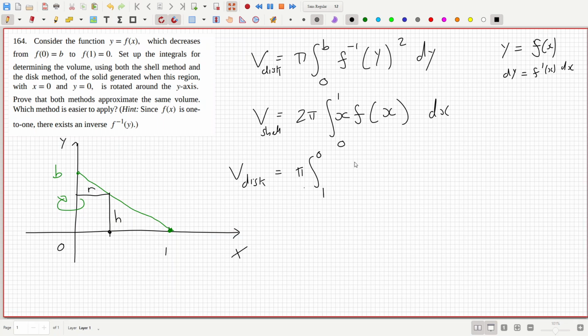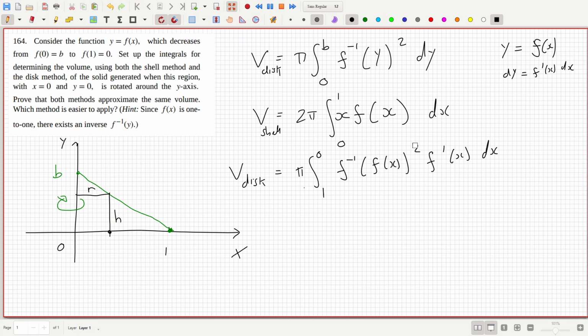Okay. And then that would be f inverse f of x squared f derivative x dx. Now I need an x here, and an x is f inverse y.